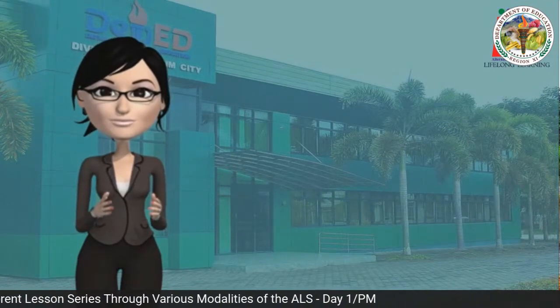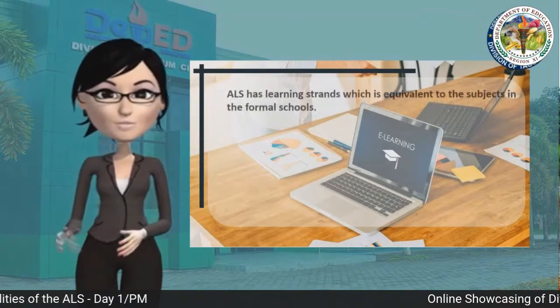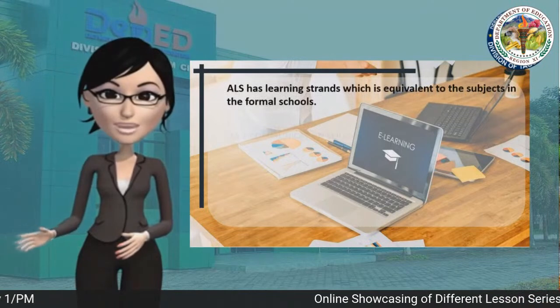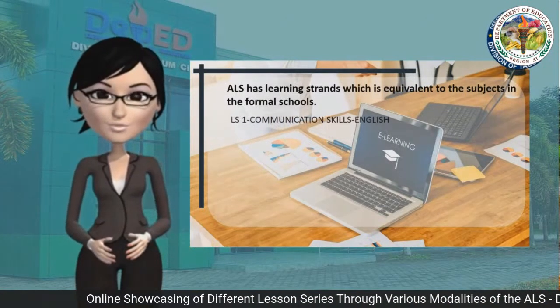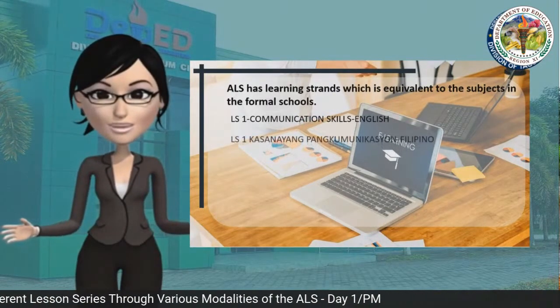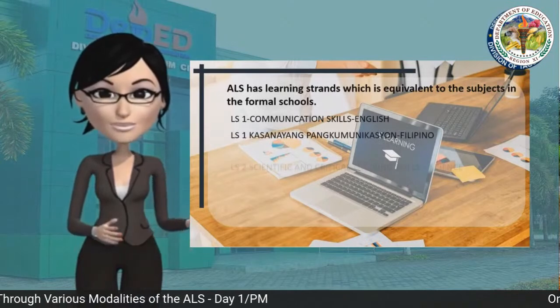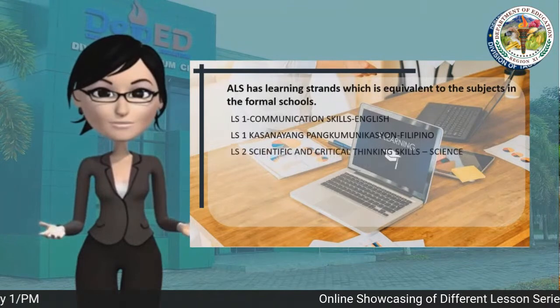Like in the formal system, ALS has learning strands equivalent to the subjects in the formal schools, and these are as follows. Learning Strand 1, Communication Skills, English. Learning Strand 1, Kasanayang Pangkomunikasyon, Filipino. Learning Strand 2, Scientific and Critical Thinking Skills, Science.